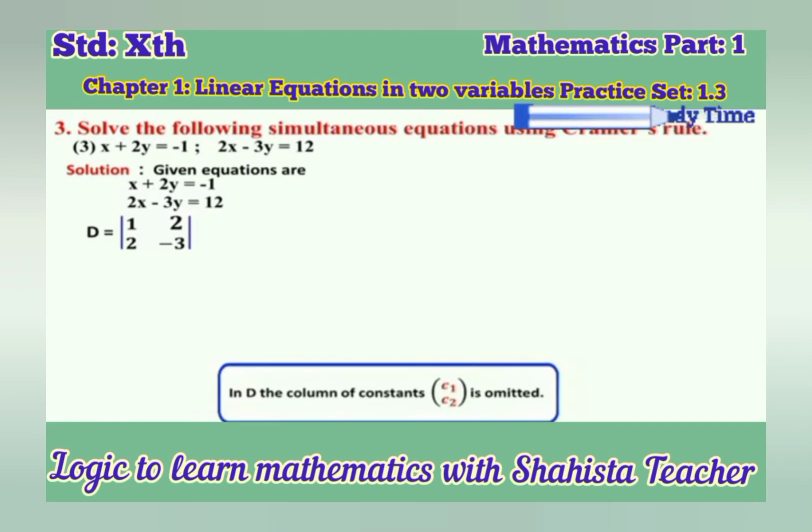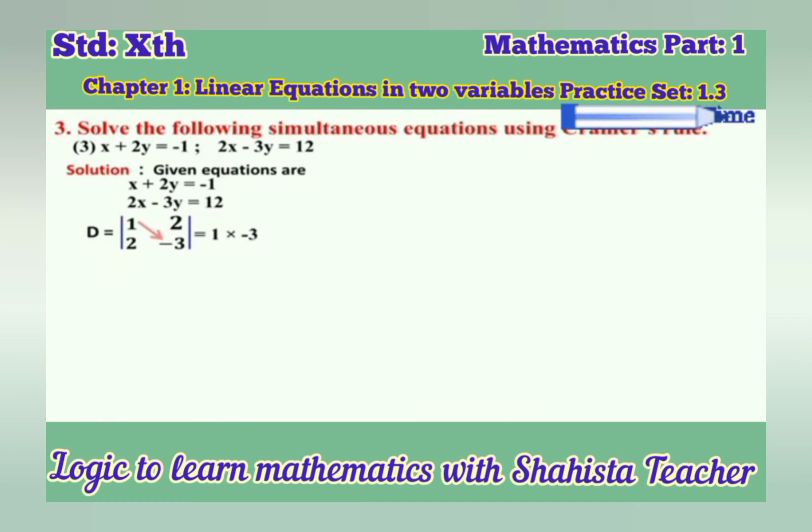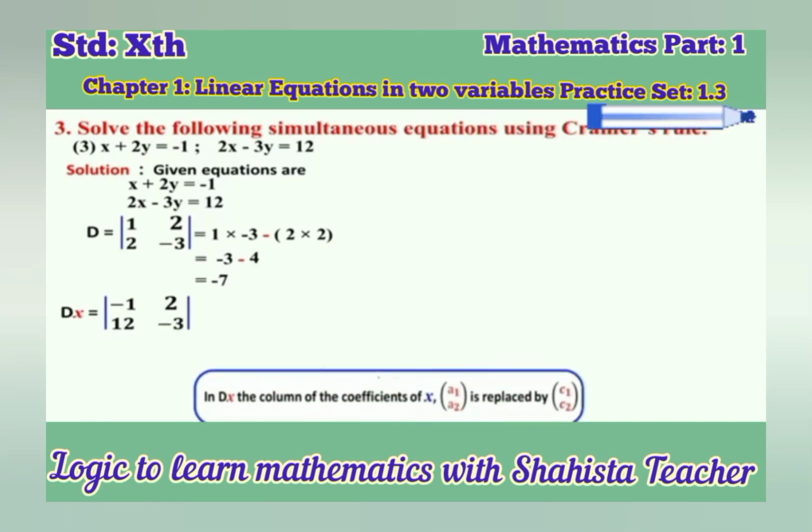So here 1 multiplied by minus 3. Cross multiplication, 1 multiplied by minus 3 minus bracket 2 multiplied by 2. So 1 into minus 3 minus 2 2s are 4. So minus 3 minus 4 is minus 7. Now here dx is equal to minus 1 upon 12, 2 upon minus 3. So dx is the column of coefficient x.